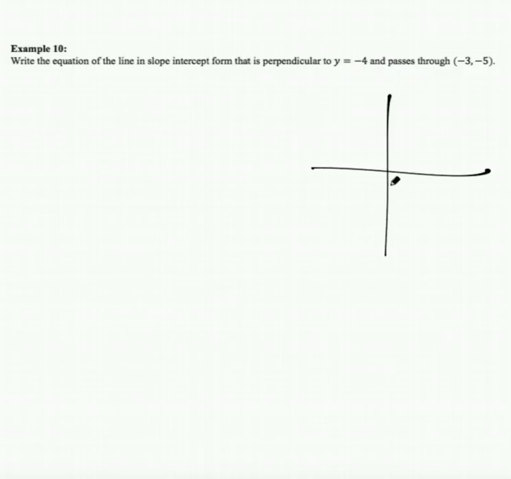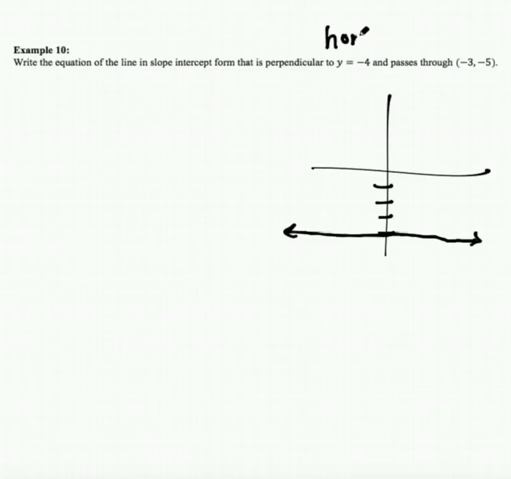Y equals -4, I know, is a horizontal line crossing through -4. So this is a horizontal line. If I want to be perpendicular to a horizontal line, then my answer must be a vertical line. Okay, I need a vertical line.